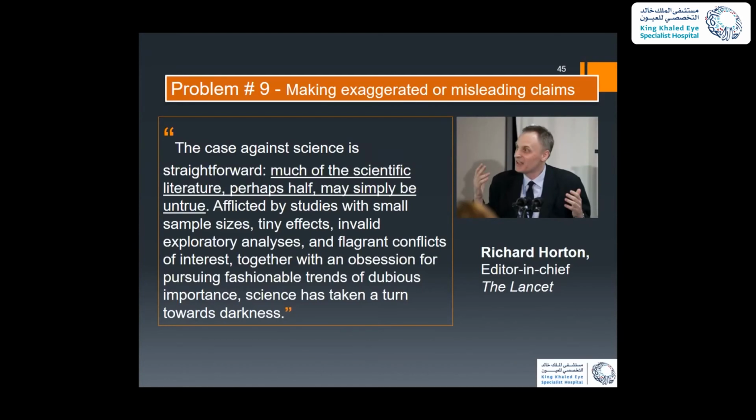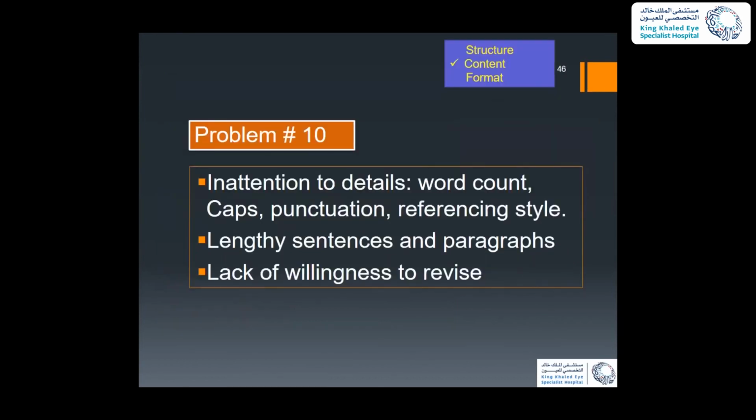The good thing about science is that you accept your mistakes, like the way the Lancet retracted that article. Many claims in the discussion section are misleading or wrong, and you have to avoid that. Also avoid inattention to detail: word count, caps, punctuation, referencing style, lengthy sentences and paragraphs, and lack of willingness to revise.